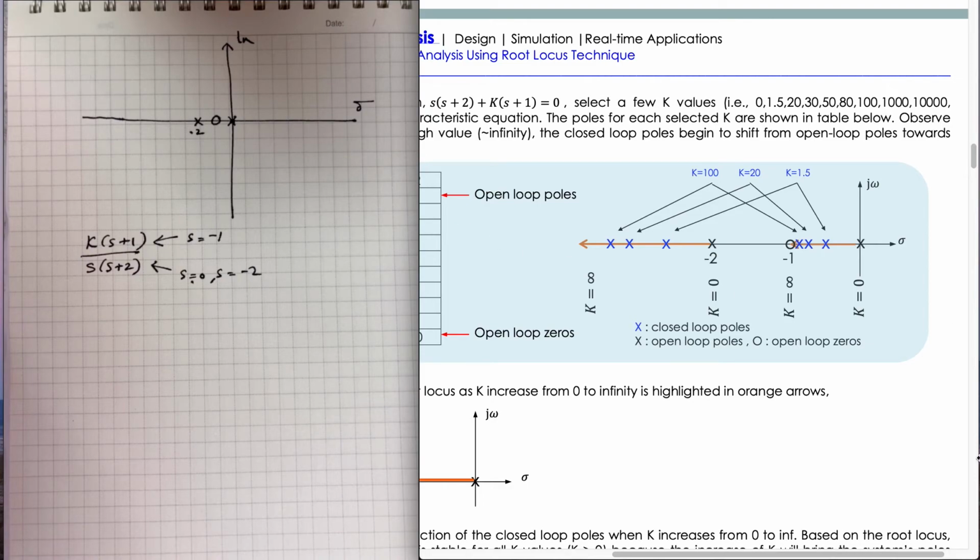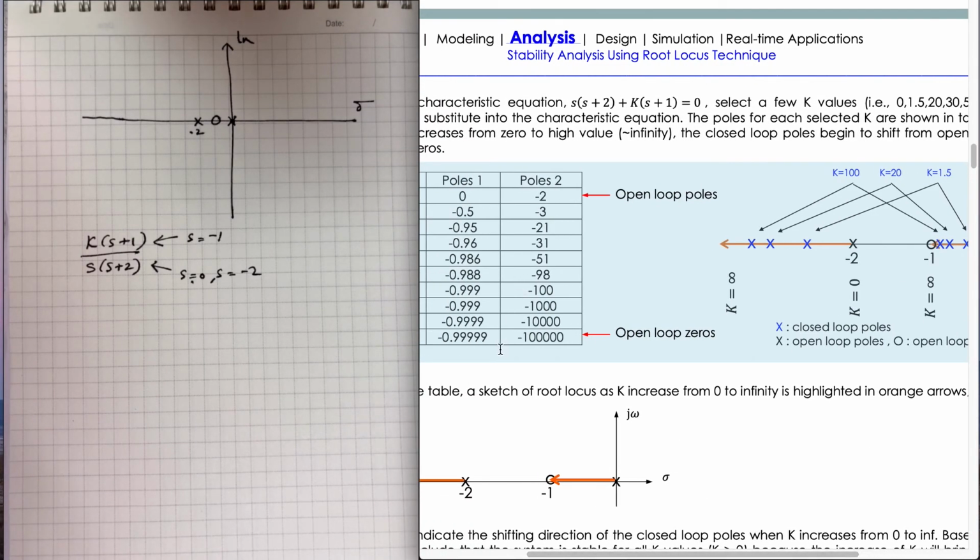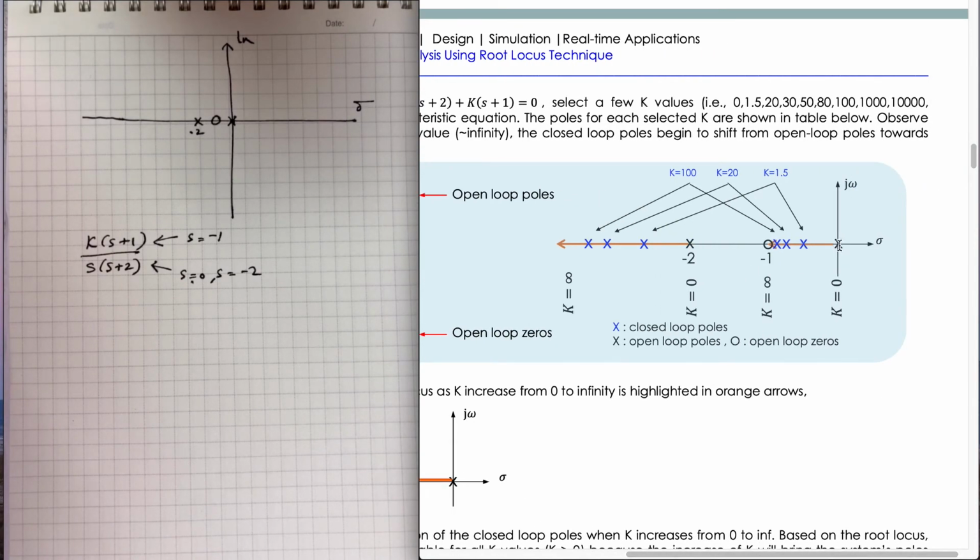As we increase the value, this one will start moving in this direction until infinity. This one is getting to -1. That means these poles are moving towards the zero when K equals infinity, and the other pole is moving in this direction.